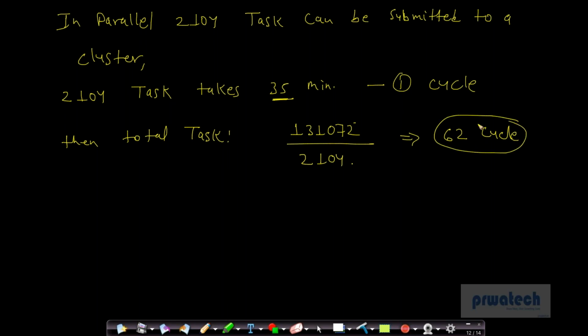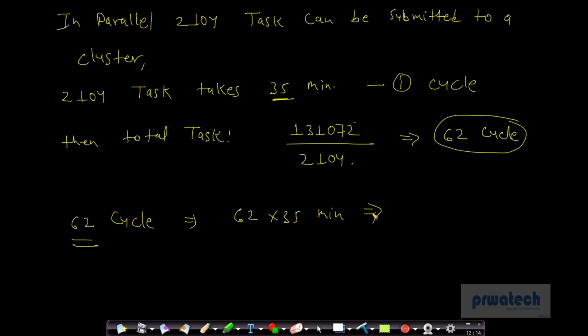So one cycle is 35 minutes, then 62 cycles, if all are running in parallel, will take 62 into 35 minutes.